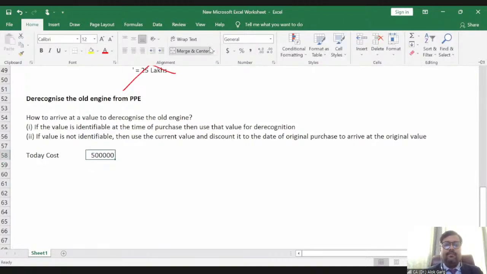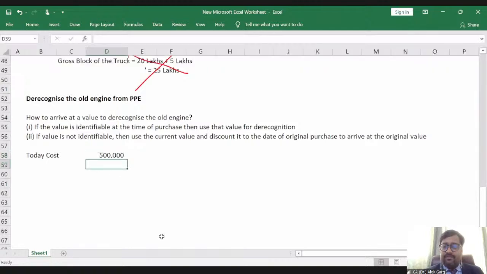Today my cost is 5 lakh rupees, assuming the discount rate is, let's say, 10% for this company. So now I need to arrive at the present value 5 years back. What will be the present value? First of all, I need to calculate the present value factor. What is the present value factor?